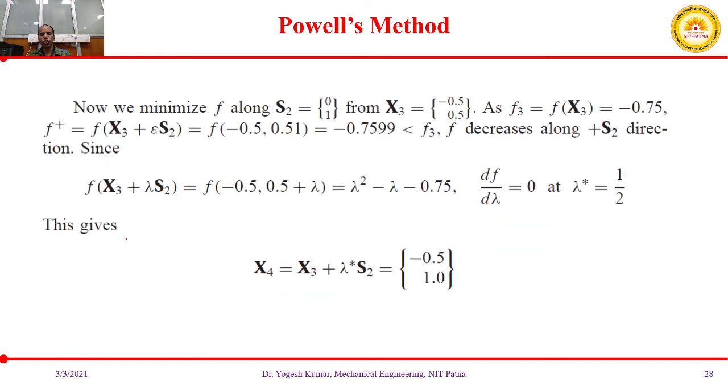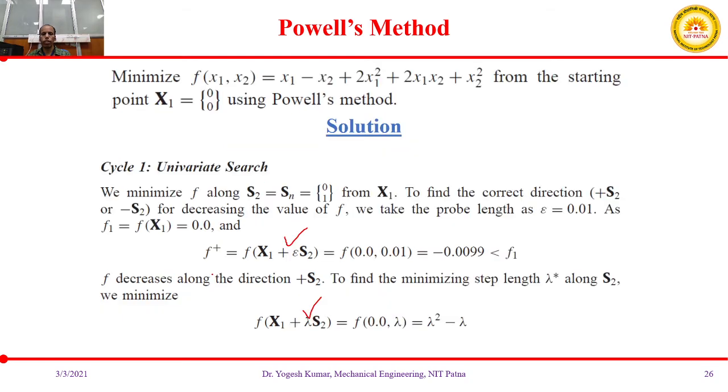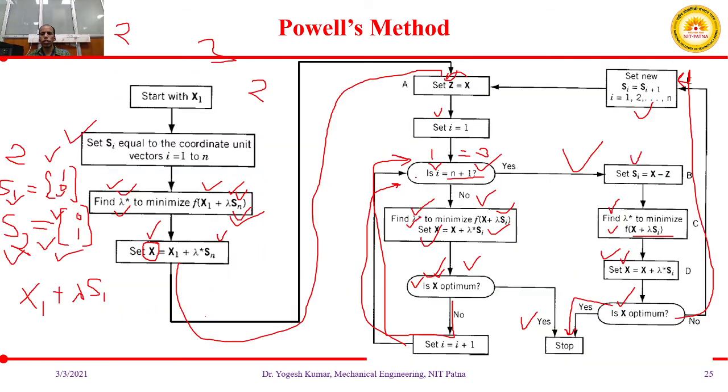Now we have I equal to 3 at this step, and your loop condition is satisfied, that is I equal to 3 is equal to 2 plus 1, that is equal to 3.